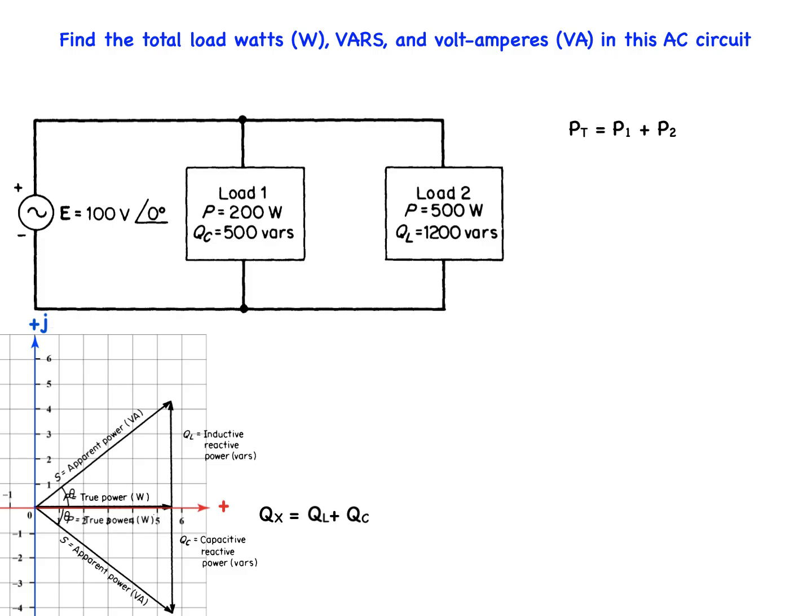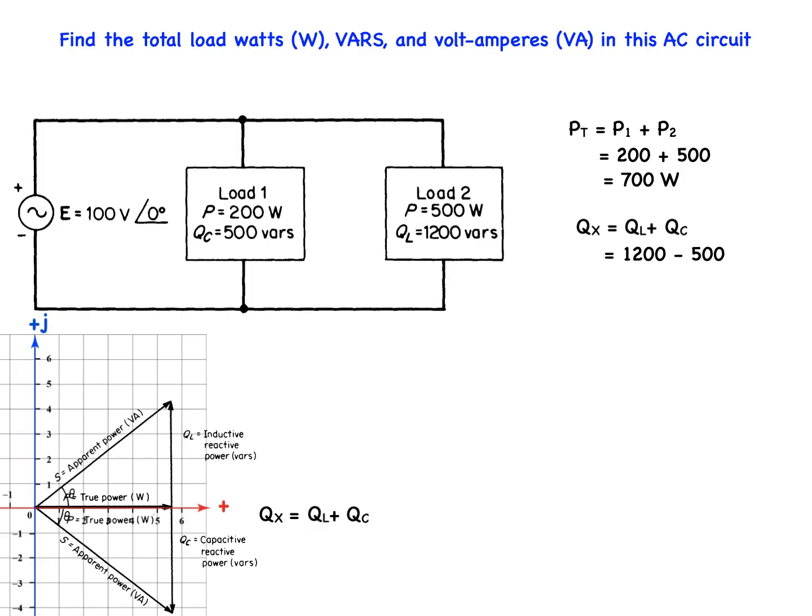In our problem, the total real power delivered and consumed is 200 plus 500, which adds up to 700 watts. Solving for the total reactive power, QX, which is equal to QL plus QC, which is 1200 plus the quantity minus 500.